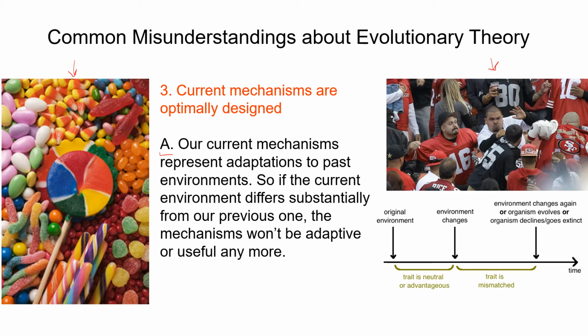Whereas in our modern environment, aggression is basically morally frowned upon, so acts of aggression now typically have the opposite effect. So we evolved the mechanisms for aggression in an environment where it was beneficial, and we continue to be aggressive even now in an environment where it is detrimental.